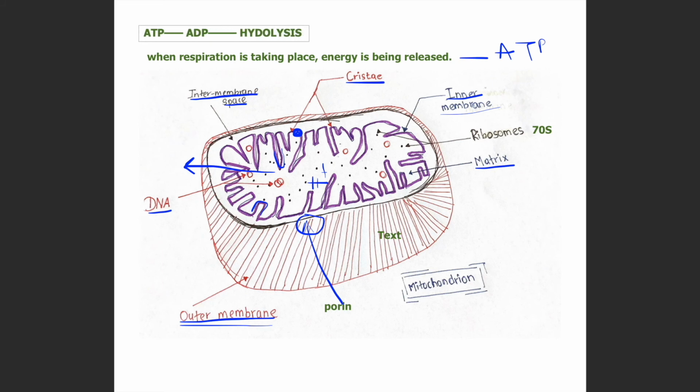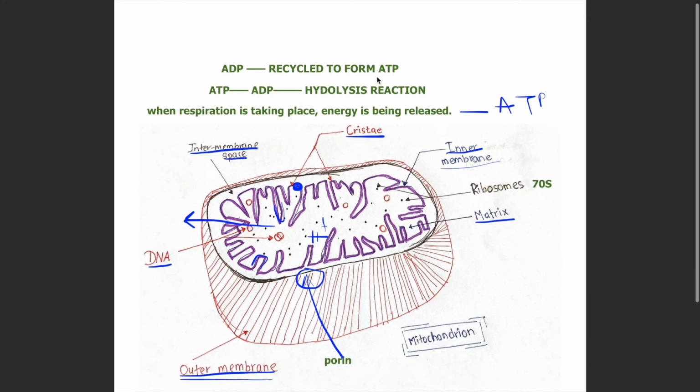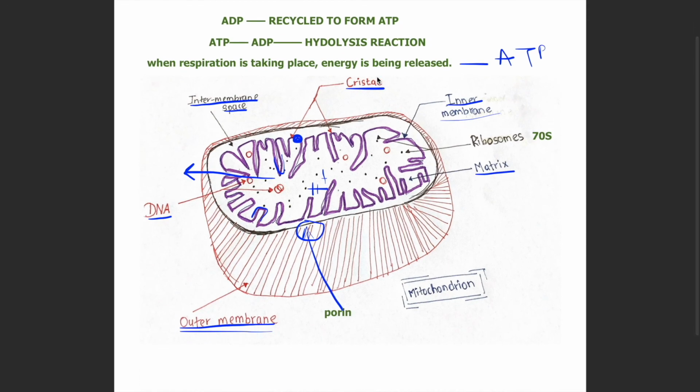hydrolysis reaction. And ADP can be recycled again to form ATP. Again, all of this is explained in the Krebs cycle, and you guys will be able to see that video soon enough.